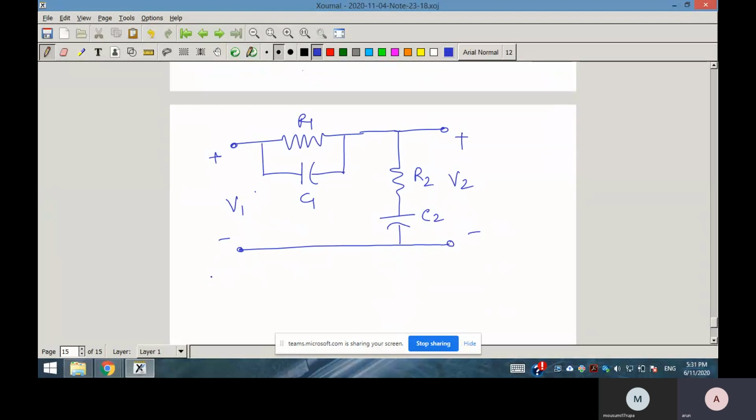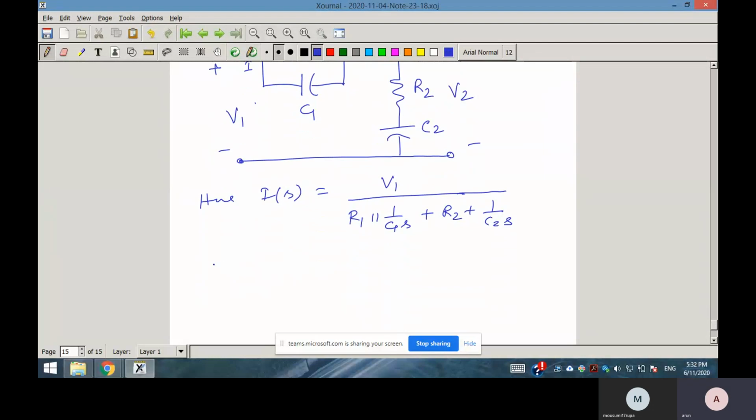So V2(s) by V1(s) is what? Here you can easily see, suppose your current is I. What is your I? I(s) will be equal to V1 divided by R1 parallel 1 by C1s, plus R2 plus 1 by C2s. Then what is your V2(s)?